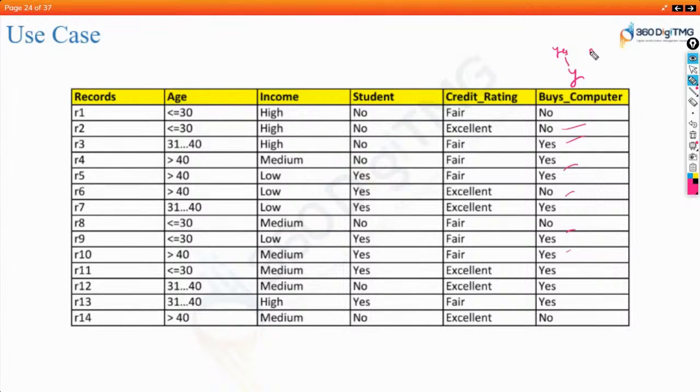The output variable is either yes or no. So minus summation of P of I log base 2 of P of I is trying to capture that information, or entropy, or variation.